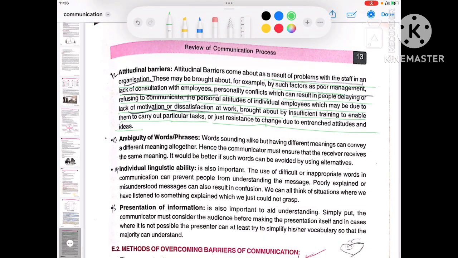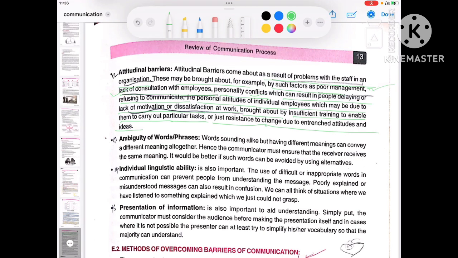People within society have their own attitudes, and sitting in the hospital, they will have attitude problems with the staff in our organization. They may have attitude problems because of poor management, lack of consultation with employees, and personality conflict. Conflict means problems, crisis, fights, everything.